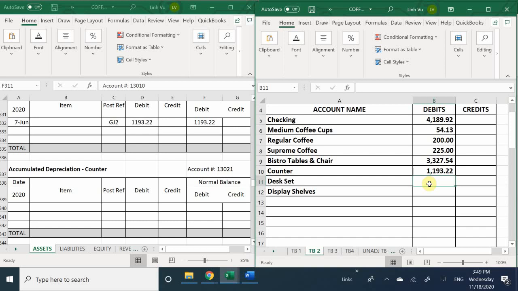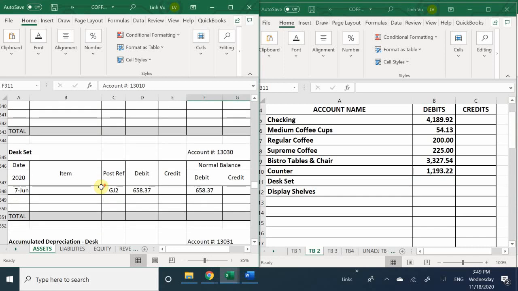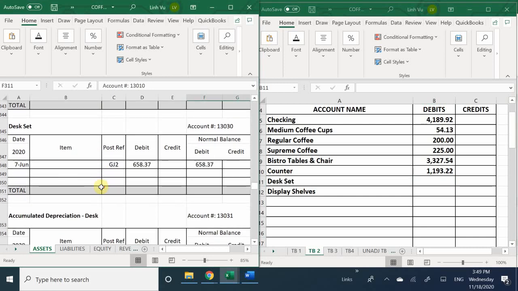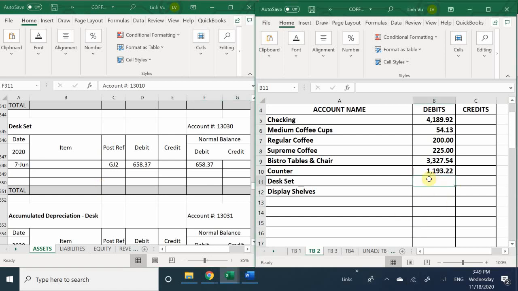So 1193.22 is my counter. Okay. Next is my desk set. $658.37. Okay.